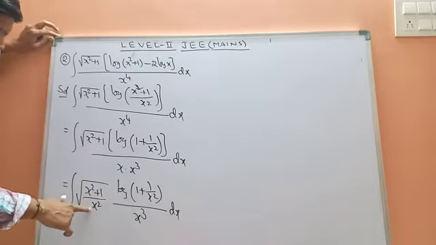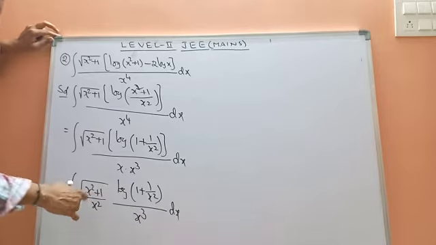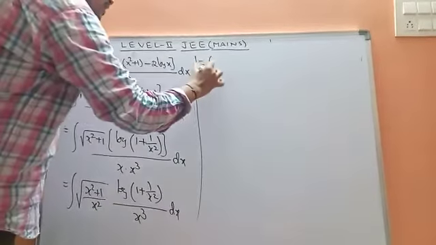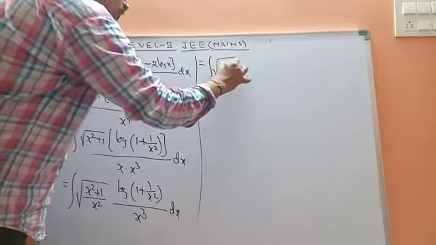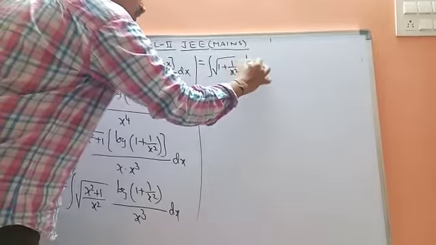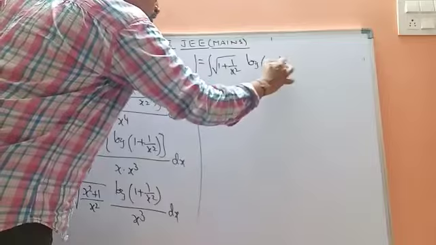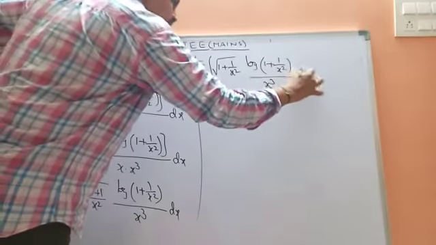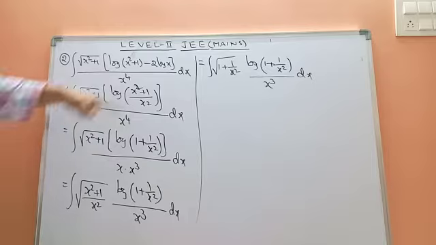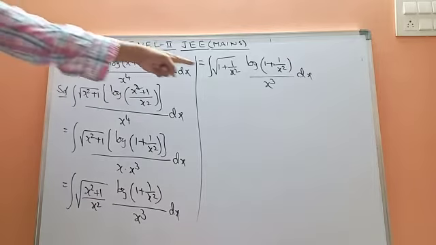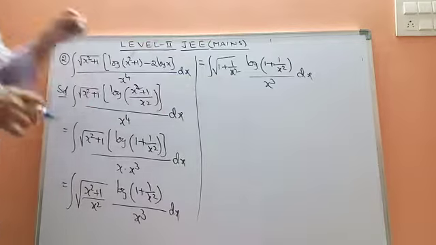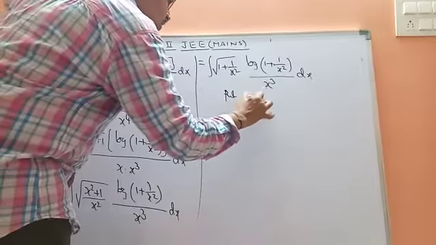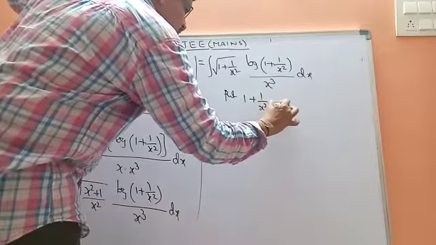Now this can be written as the root of 1 plus 1 by x square into log of 1 plus 1 by x square by x cube dx. After simplification, put 1 plus 1 by x square equals t.